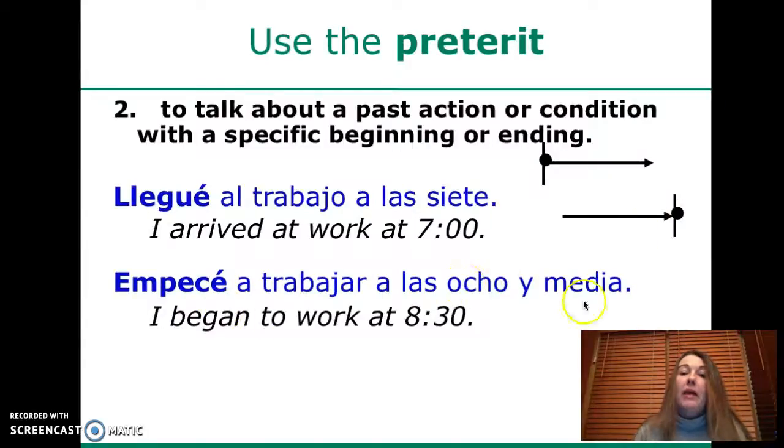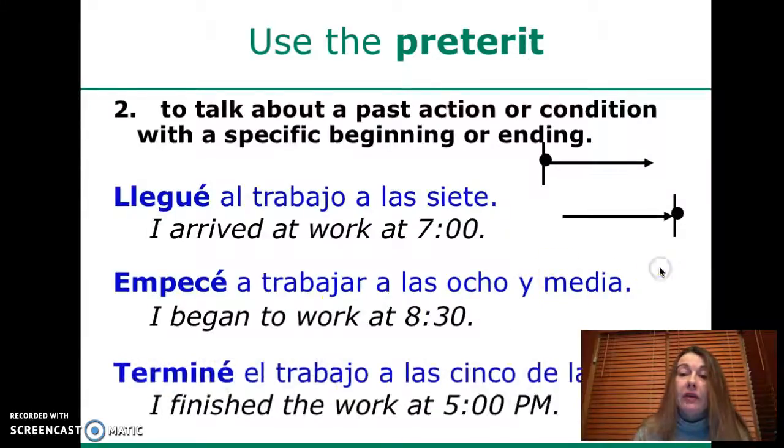Empecé a trabajar a las 8:30. Okay, I began to work at 8:30. Right? So anytime you begin to do something or you end, right? So maybe you stop working, then both of those would be preterite, okay? So again, we have 8:30. They've been giving you very specific times here.